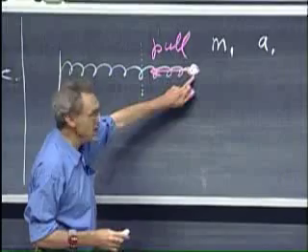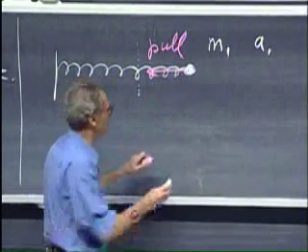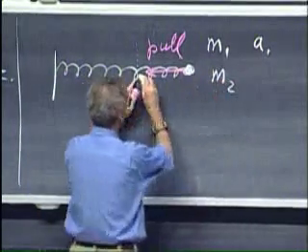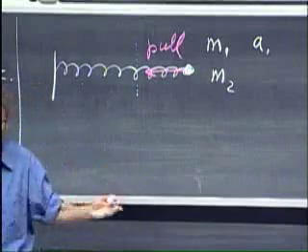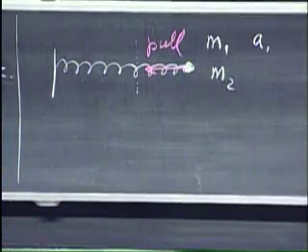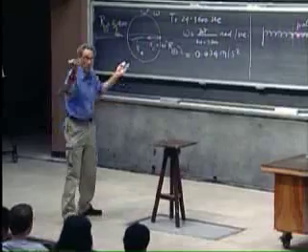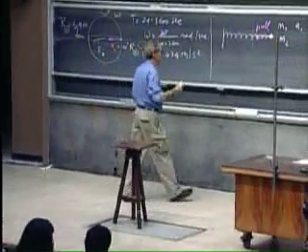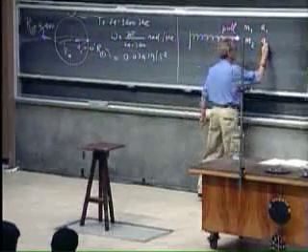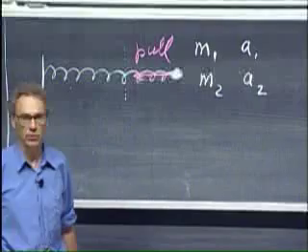Now I replace this object by mass m2, but the extension is the same. So the pull must be the same. The spring doesn't know what the mass is at the other end, right? So the pull is the same. I put m2 there, different mass, and I measure new acceleration a2.